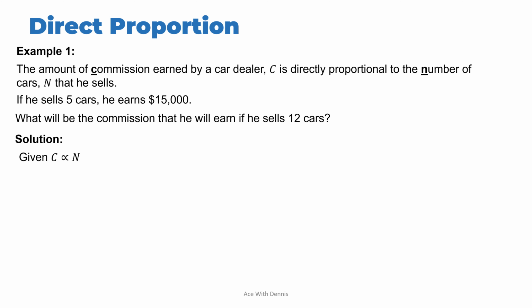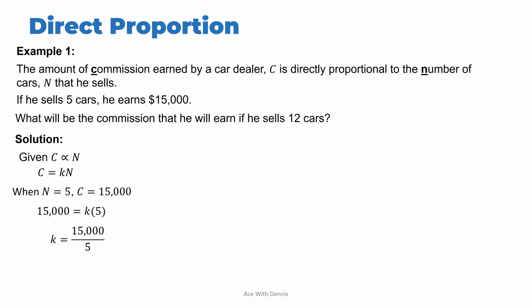Here's the solution. Given that C is directly proportional to N, hence C equals kN. When N equals 5, C is 15,000. So you substitute this value into the equation, which is 15,000 equals k times 5.